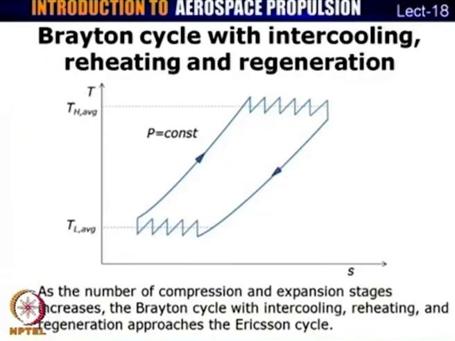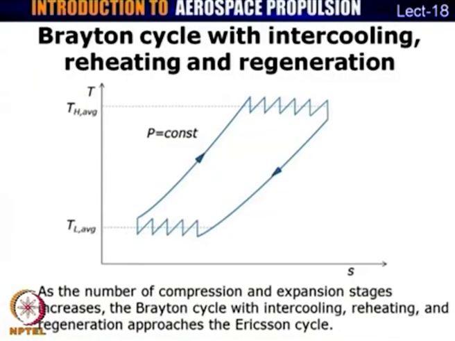In an ideal scenario, if you have an infinite number of compression stages and expansion stages, which means a Brayton cycle with intercooling, reheating and regeneration, then the Brayton cycle will approach an Ericsson cycle. That is, you have isothermal heat rejection as well as isothermal heat addition, and if you apply regeneration as well, then this is like an Ericsson cycle.